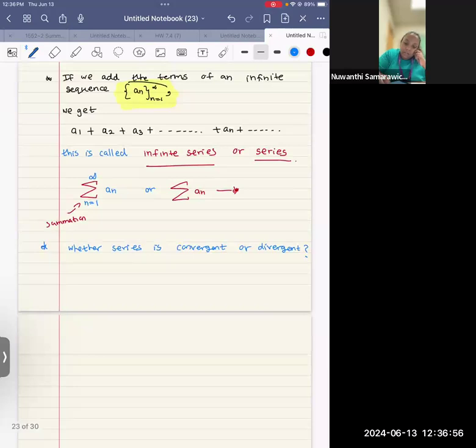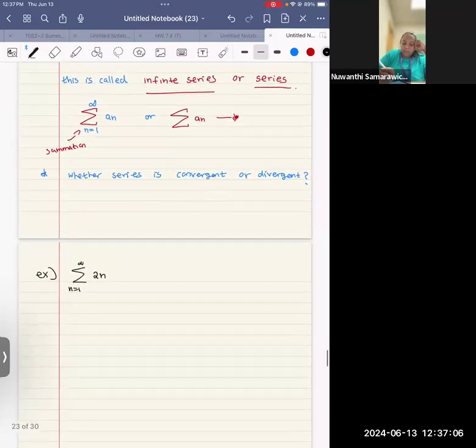So let's do an example. Example: infinite series, the series of 2n. This is an infinite series. We need to know whether this is a convergent series or a divergent series.